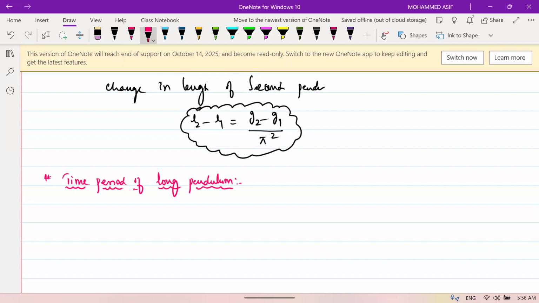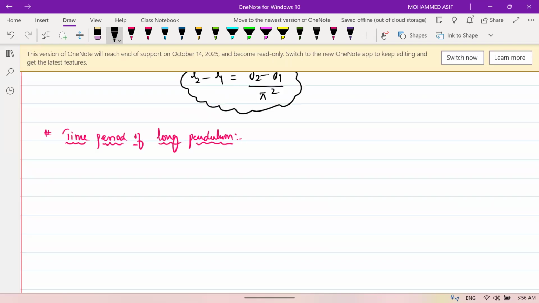If the length of the pendulum is very, very large compared to the radius of the earth, then the time period is given by T is equal to 2 pi under root of, in place of L, R divided by G into 1 plus R divided by L. So this is your time period.